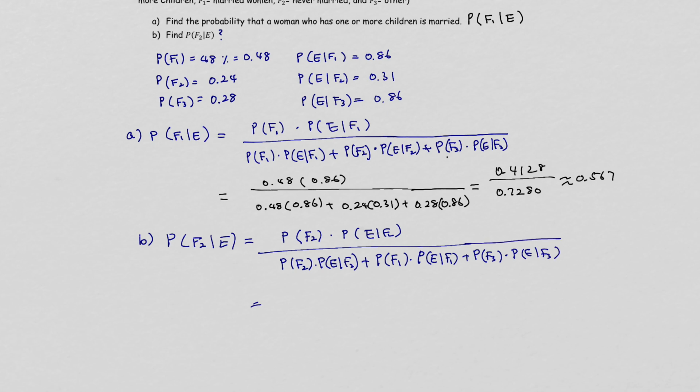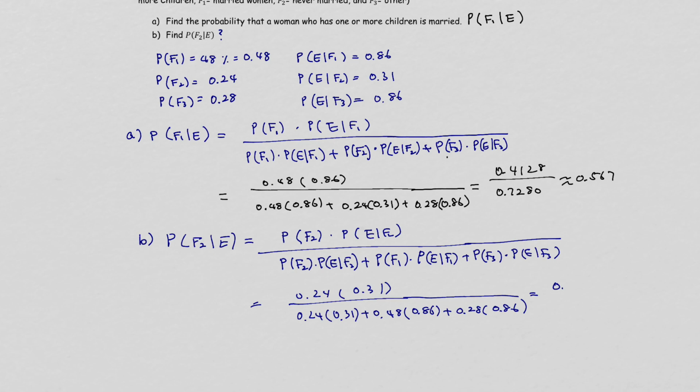And when you plug in those numbers, it will be 0.24 times 0.31 over 0.24 times 0.31 plus 0.48 times 0.86 plus 0.28 times 0.86. Which is going to be the same denominator as the other one.